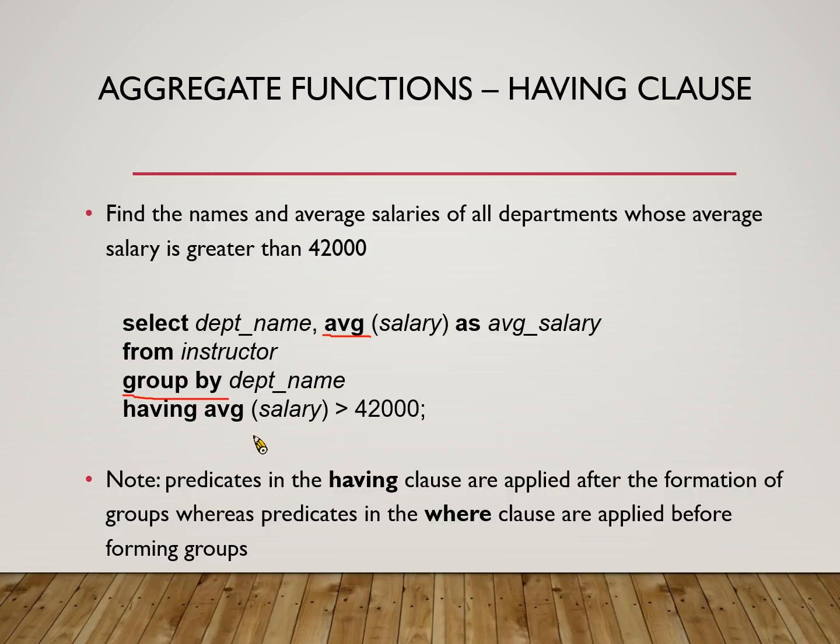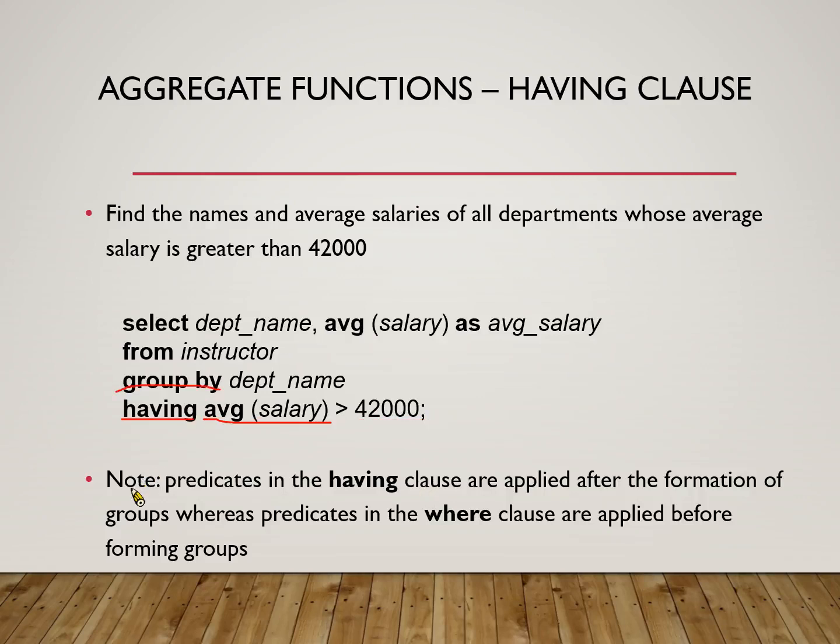And here we can further filter the result with some conditions, and the conditions can be specified following the having keyword. It indicates we want to keep those average salaries that are more than $42,000.